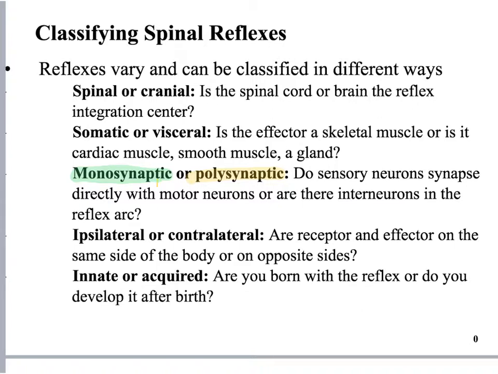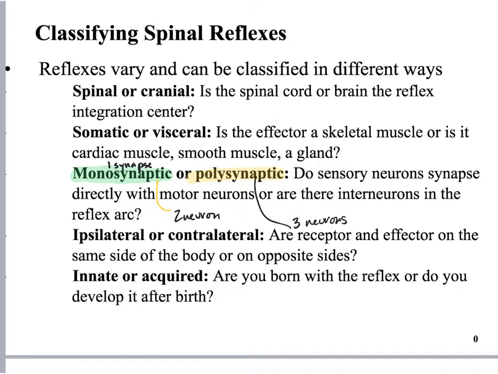Monosynaptic is a space between 2 neurons, while polysynaptic involves 3 neurons, because you have more than one synapse. Monosynaptic means one synapse, the spot between two neurons.